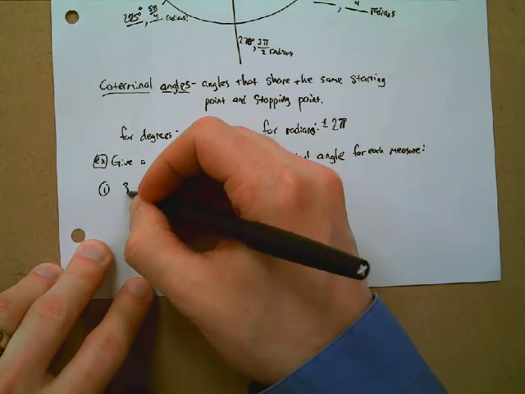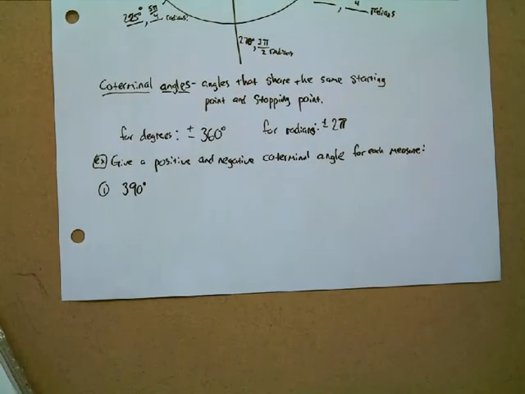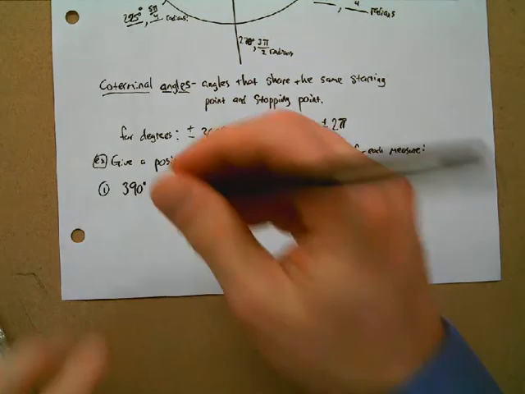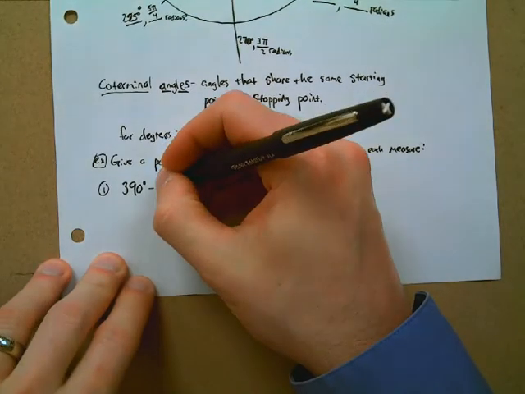But what could we do? Well, we can subtract 360 degrees from this. So do a minus 360. And what does that get us? 30. So a 390-degree angle, positionally at least, is in the same position as a 30-degree angle.